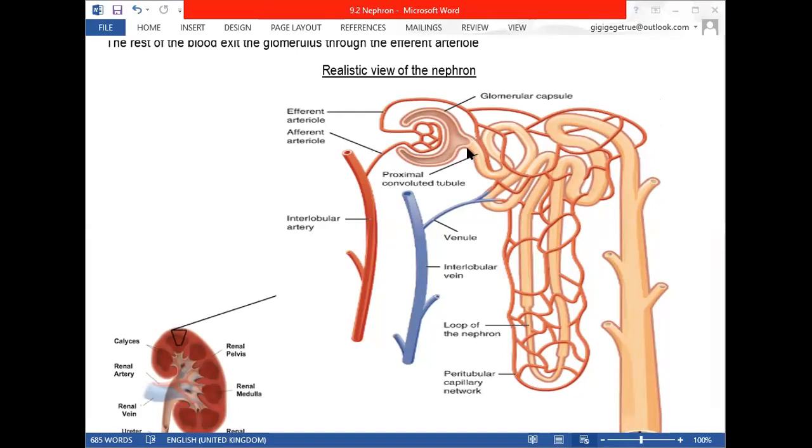Okay, so here you can see we have the blood vessels, the afferent arteriole, blood coming in from the afferent arteriole, then going into the glomerulus before leaving through the efferent arteriole. If you are small enough, it's possible for you to pass from the glomerulus and into the Bowman's capsule.